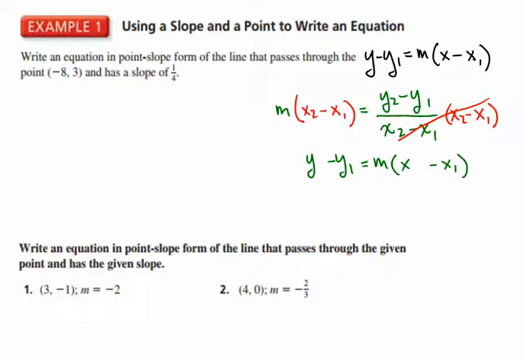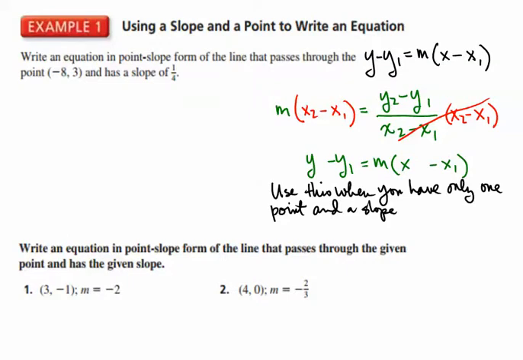So when do we use this? This is to be used when you have only one point and the slope, or when you have 2 points but not the y-intercept.